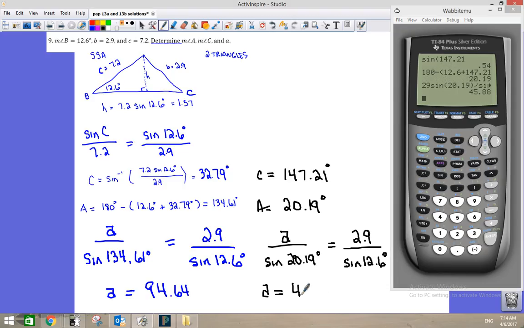So this length is 45.88, at least to 2 decimals.